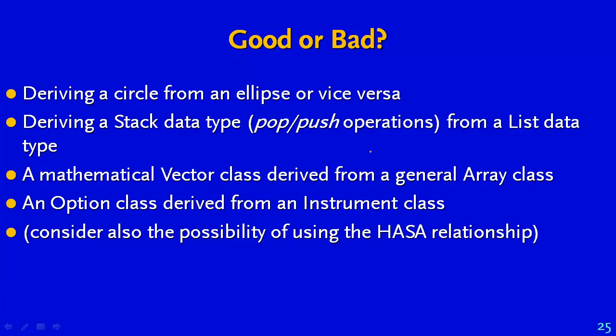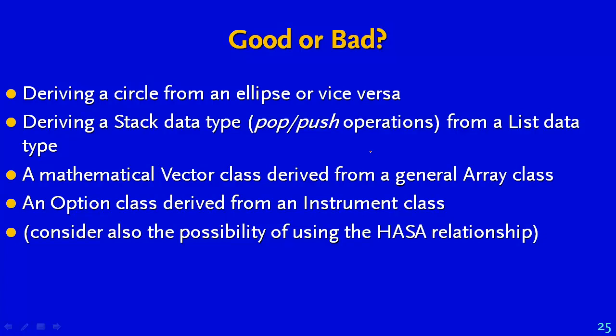A stack type, which we'll talk about in the STL part of the course. A stack is a data structure in computer science, where you pop something from the stack and you push something onto the stack. If you're working in a restaurant washing dishes, you've got a stack of plates, so you clean the plate and put it onto the stack, or you take it off for a customer.